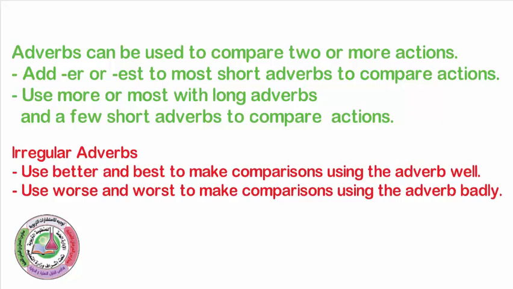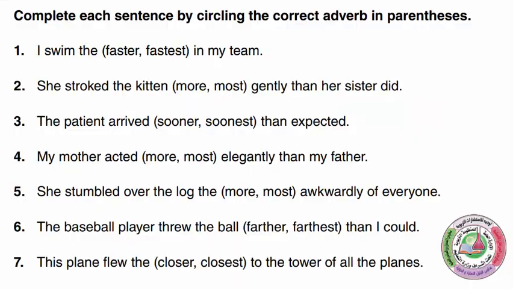In adjectives, we don't say gooder, we say better. We do the same for adverbs. We use better when we're using the adverb well, and worse and worst when we're comparing using the adverb badly. Alright, so let's head over to the book and solve the exercises there, and it's going to help us to get a better idea, inshallah.